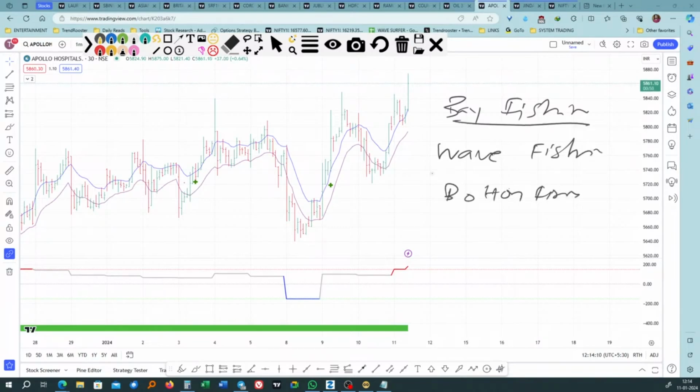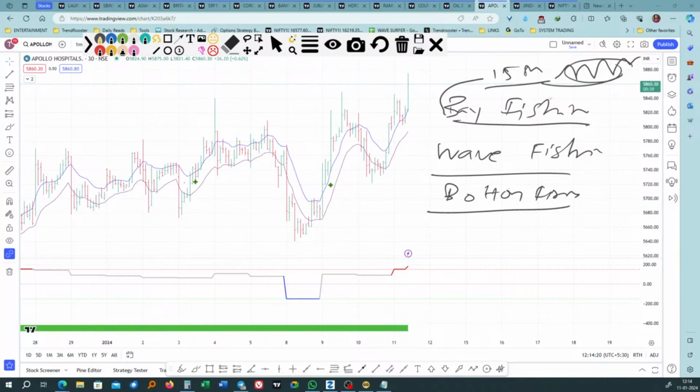Bay fishing just looks at only the 15 minutes time frame, and it goes in and out of trades, multiple trades. Some people are getting super addicted to this kind of trade. Wave fishing is slightly bigger trades, and bottom fishing is whale kind of trades, very big trades.